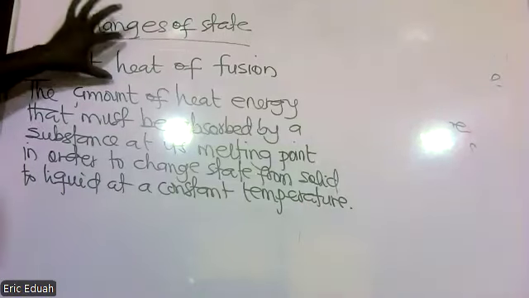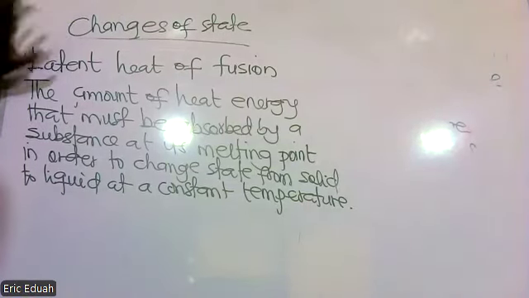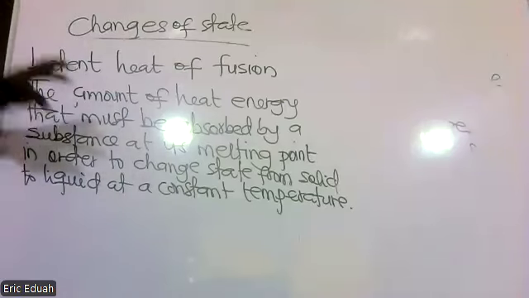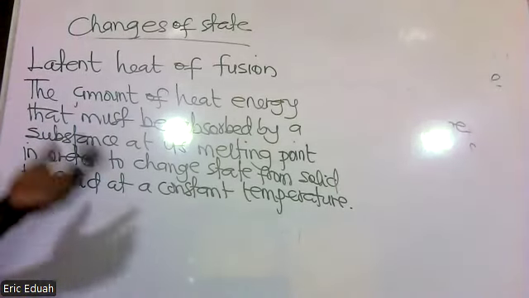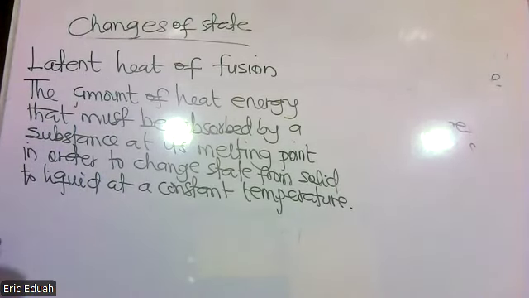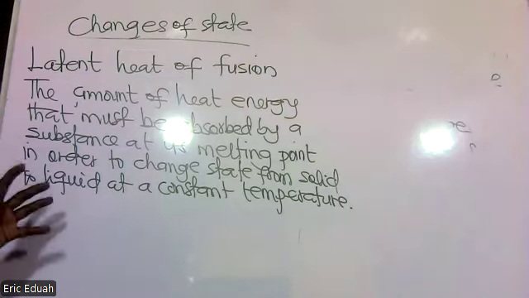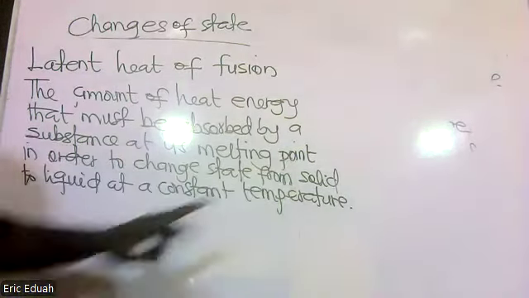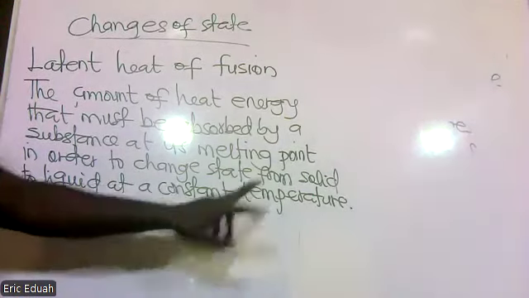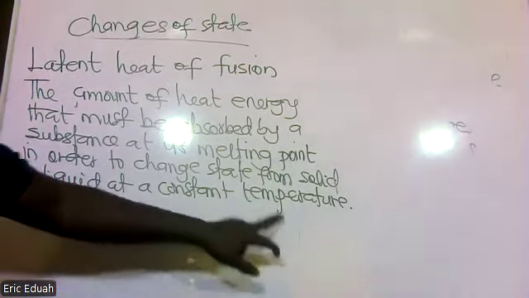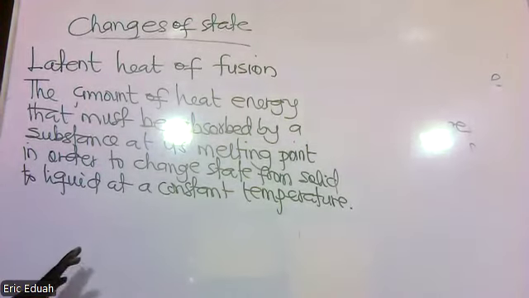So under change of state, when we talk about latent heat of fusion, we are looking at the amount of heat energy that must be absorbed by a substance at its melting point in order to change state from solid to liquid at a constant temperature.